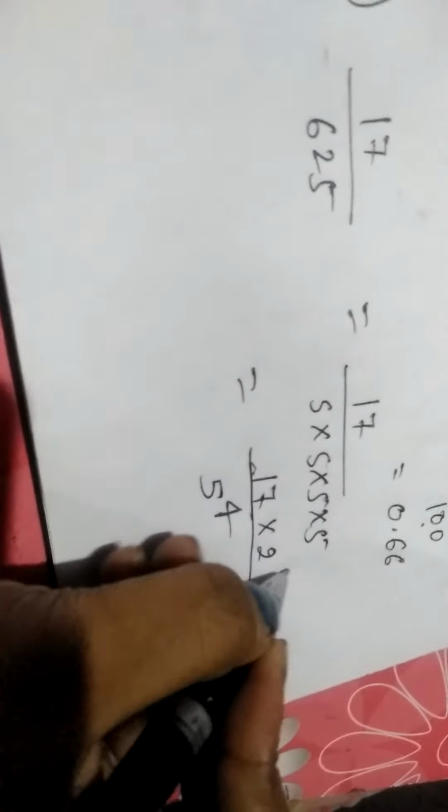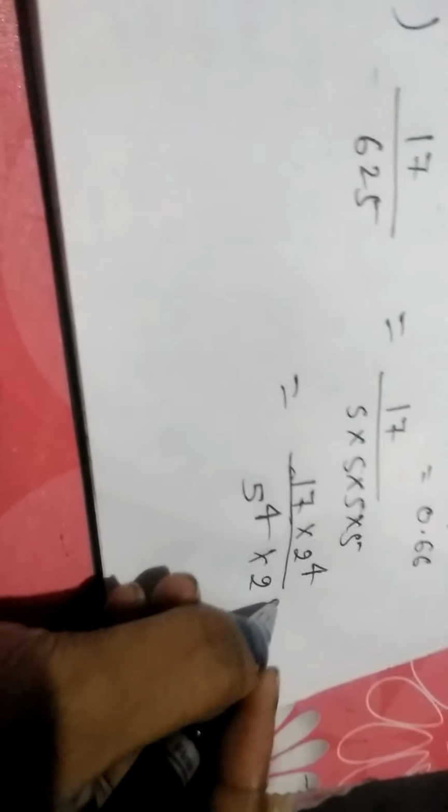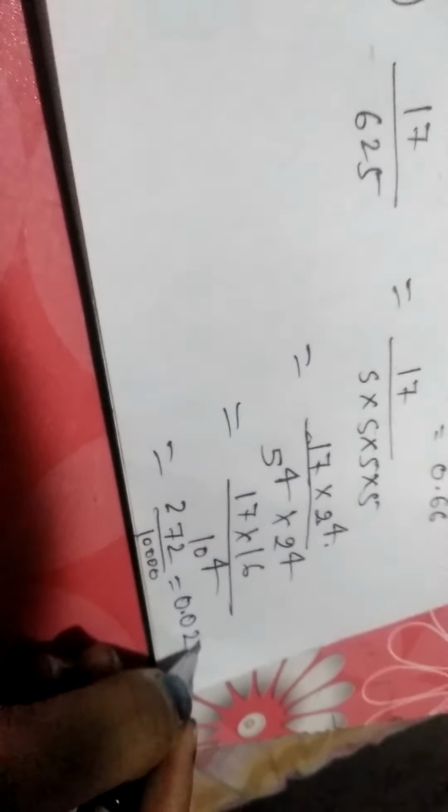Multiply by 2 to the power 4 in numerator and denominator, which gives 17 into 2 to the power 4, that is 16, by 10 to the power 4. 17 into 16 is equal to 272. So 272 by 10,000 is equal to 0.0272.